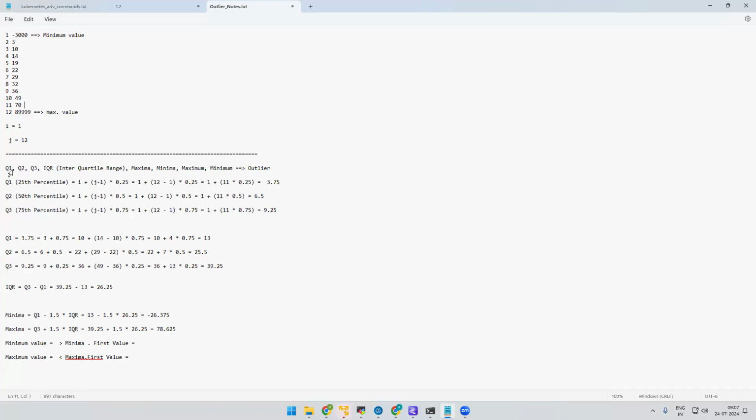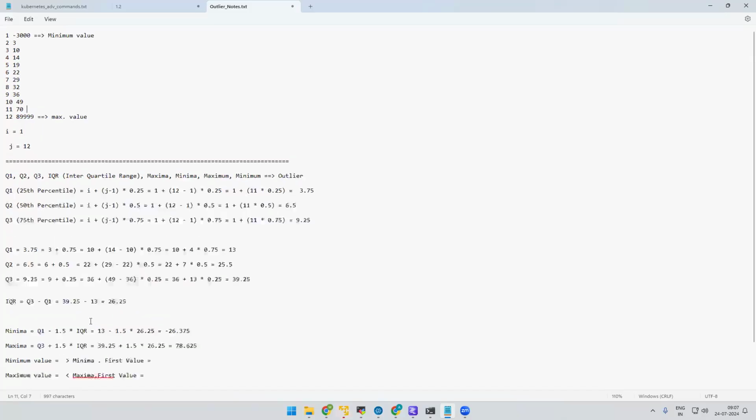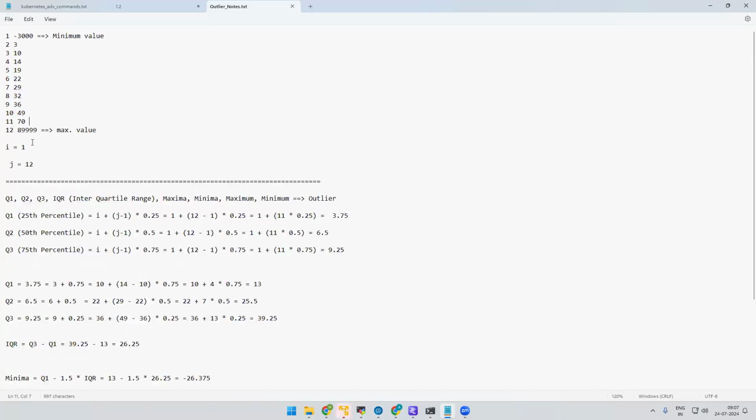Okay, let's calculate these outliers. We have the data set. So we need to get I and J. The reason for that is we need to find Q1, Q2, and Q3. Q1 is otherwise called the 25th percentile. Q2 is the 50th percentile, and Q3 is the 75th percentile. Where have you seen these percentiles last time?